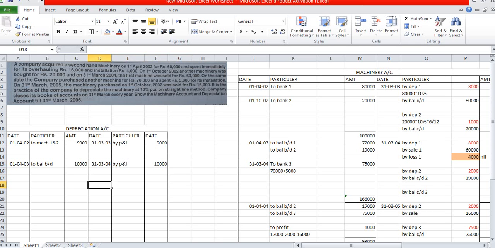Okay, now 1st April 2004, don't take balance brought down, you can take to machine 1 and 2, same to machine 1 and 2. 4 to 5.